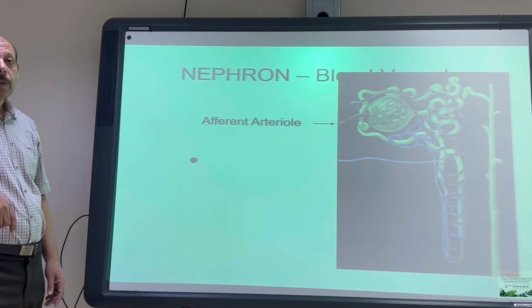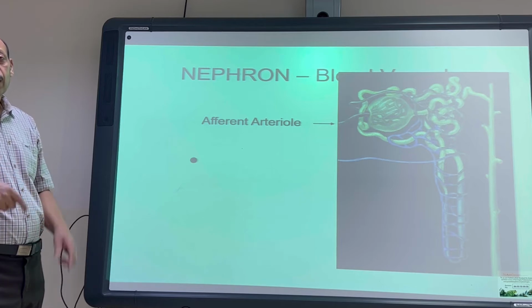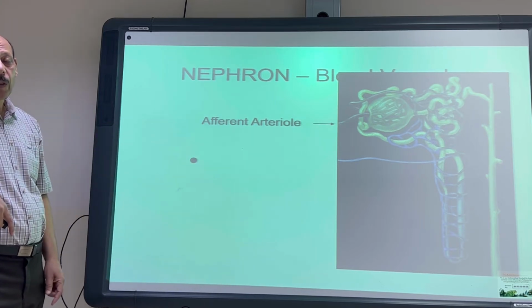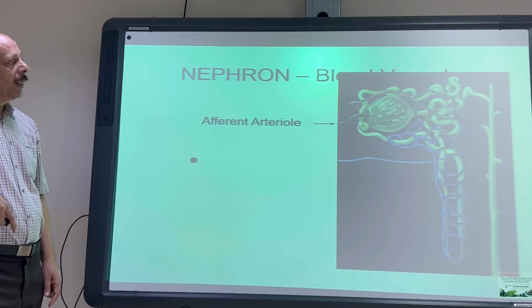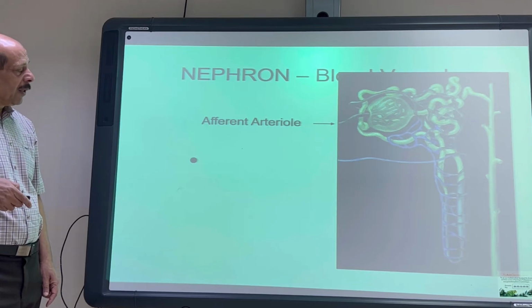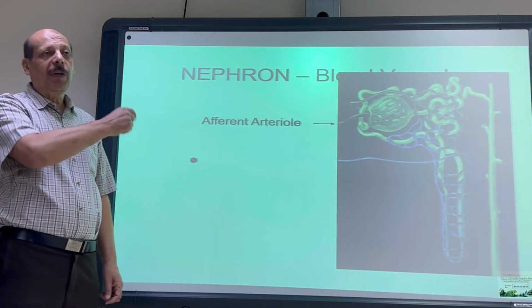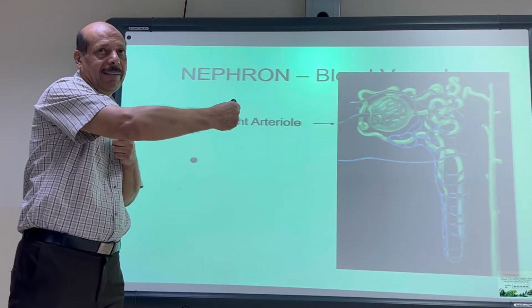About the blood supply to the glomerulus and to the Bowman capsule, there is an afferent artery. Afferent means the artery that is coming in.